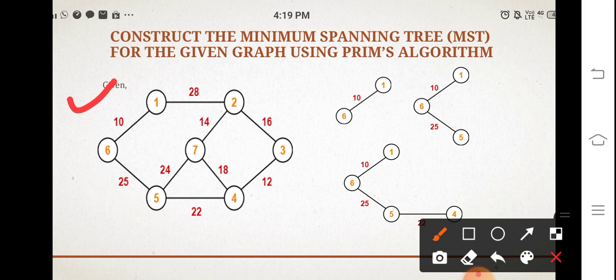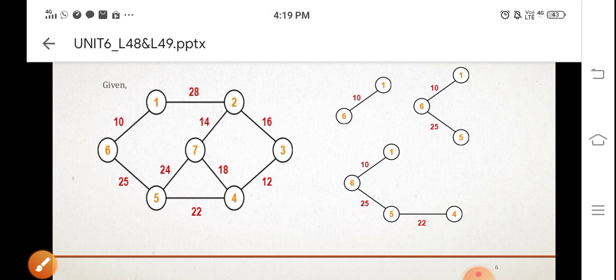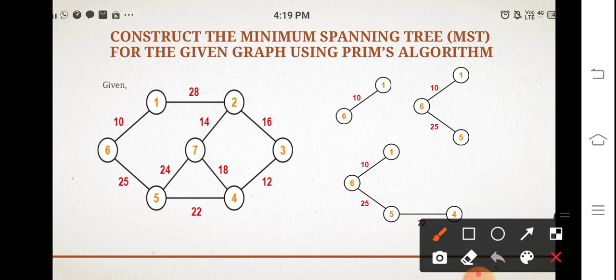That is this one, this edge, it is having 10. That is the least value, so that edge we need to select. So I have selected it here.